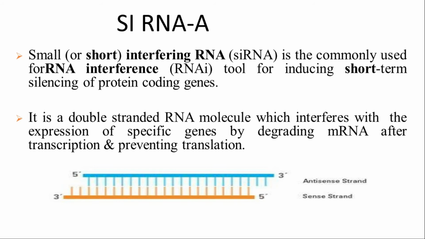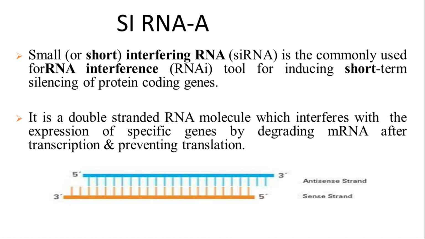It is a double-stranded RNA molecule which interferes with the expression of specific genes by degrading messenger RNA after transcription and preventing translation. Here you can see the 3 prime to 5 prime in the orange line, and 5 prime to 3 prime, which is called the antisense strand, and the sense strand is there.